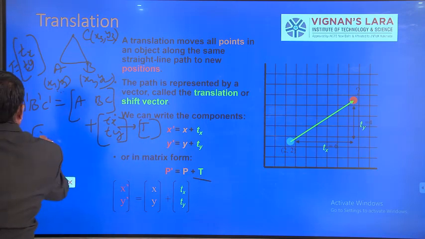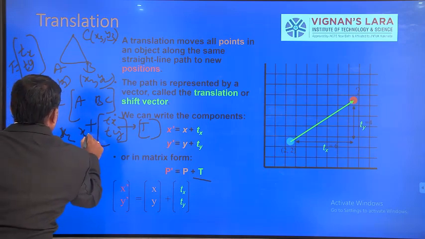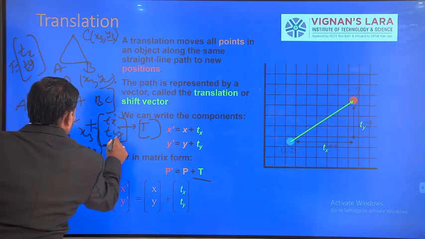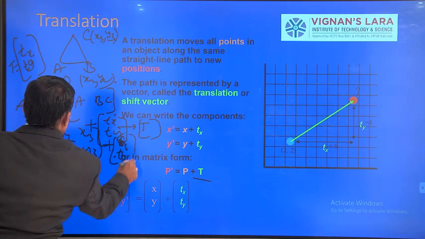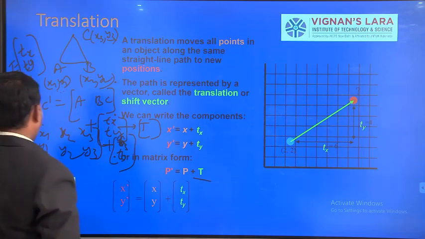Now what is A? x1, y1. What is B? x2, y2. What is C? x3, y3. Plus T, which is Tx, Ty. Like this we have to write.